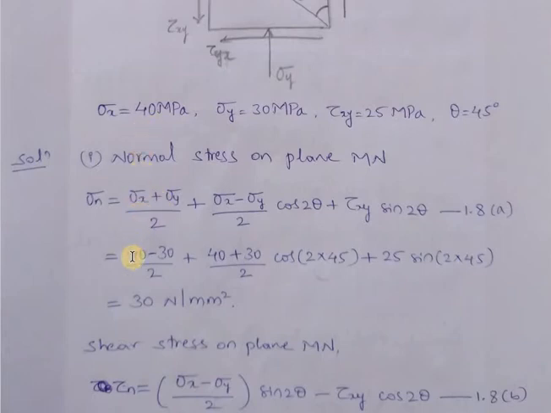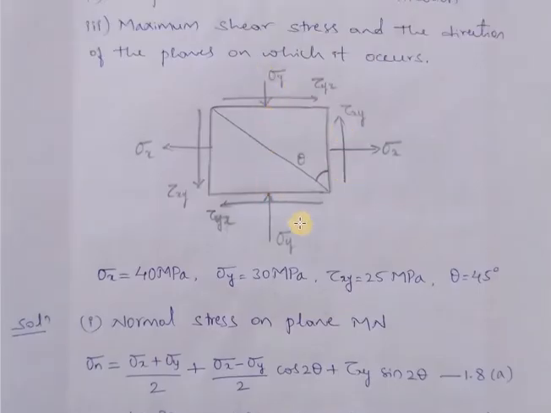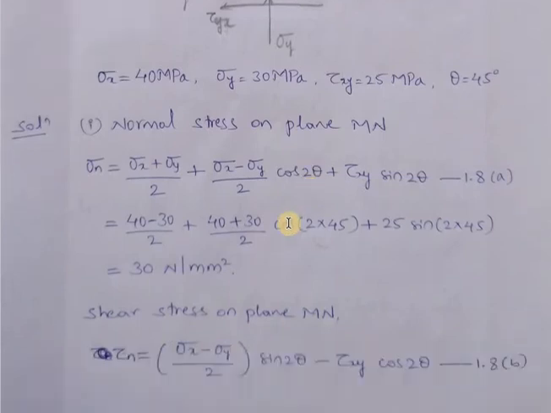Sigma x we have 40 megapascal, and sigma y I have written as the magnitude of the stress, 30 megapascal. Since it is compressive in nature, as you can see in the figure, we consider it as negative. So it is minus 30 divided by 2 plus sigma x value is 40, sigma y value is minus 30, so minus minus will become plus, so it is plus 30 divided by 2 into cos 2 theta.